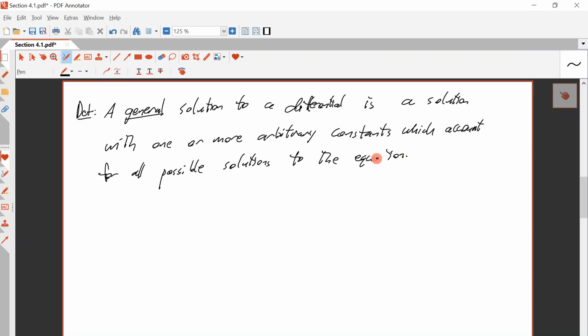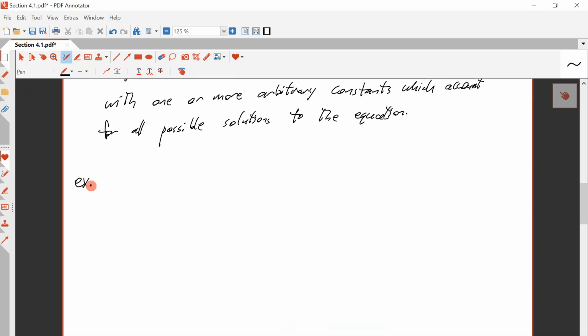So, for example, consider the differential equation y prime equals 2e to the minus x plus 2x minus 1.